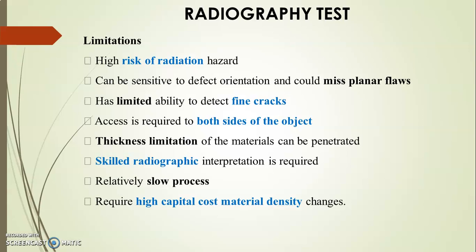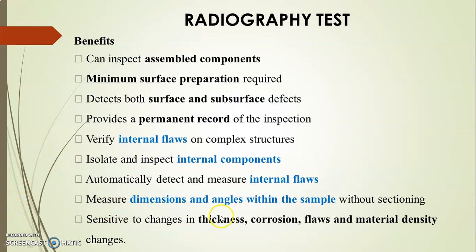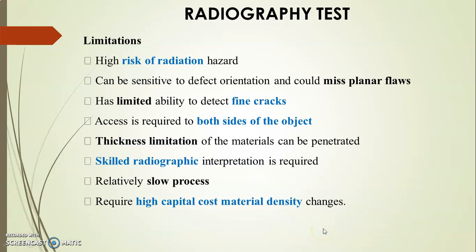Skilled radiographic inspection is required because of the particular problems we have already seen: it is due to the thickness, the corrosion, the flaws, or the material density that a particular color change or shape has been observed.